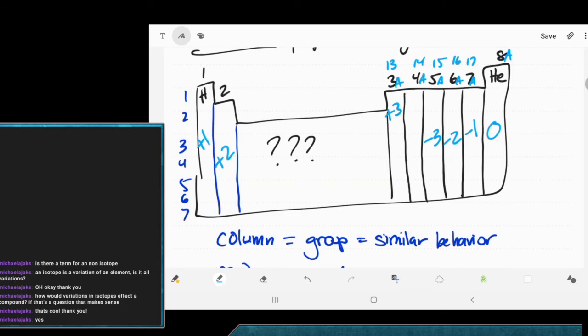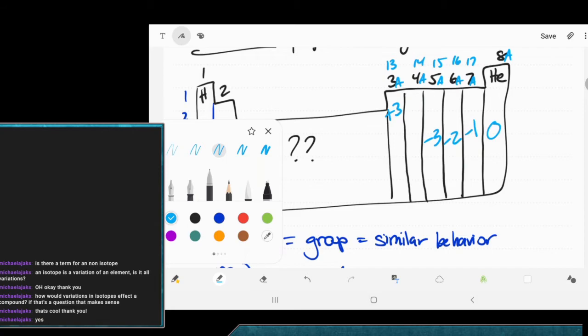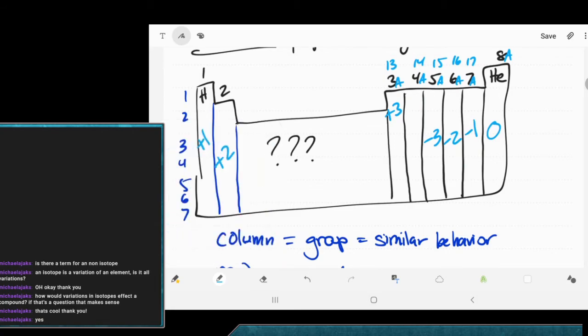And then finally, we don't really see group 4 stuff making ions, but they do exist. Sometimes they go either way, but they're not common. So you could see them as plus or minus, but they're uncommon.